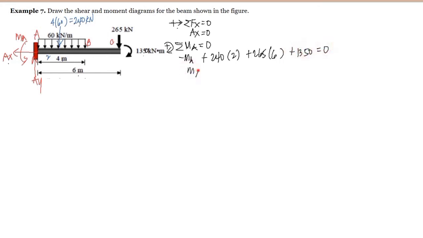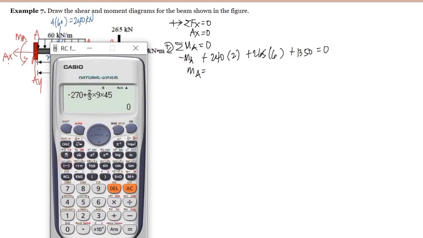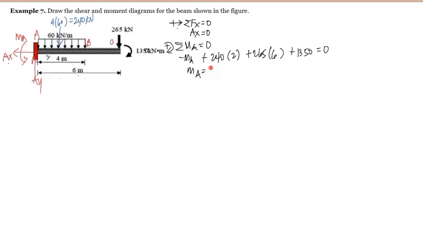So solving for the value of the moment at A: negative moment at A plus 240 times 2 plus 265 times 6 plus 1350 is equal to 0. Shift solve equals, and we have 3420 kilonewton meter.